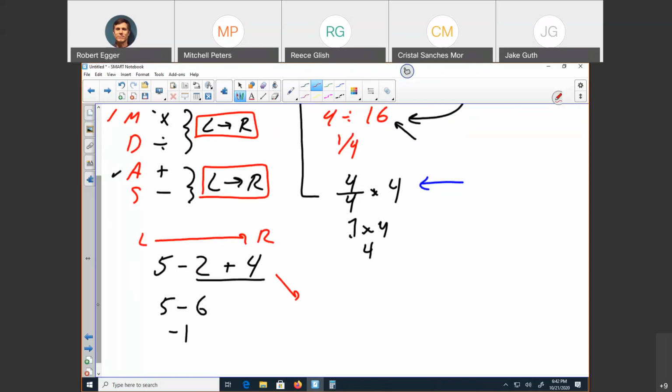5 minus 2 is 3, plus 4 is actually 7. This one's easy to see if you think about it, using the commutative operations. No, 5 plus 4 is 9, 9 minus 2 is 7. But again, the left to right rule.